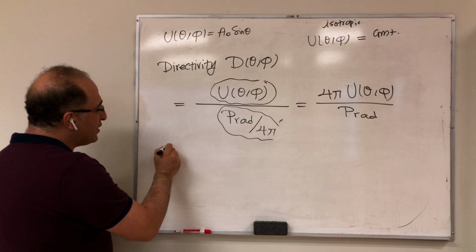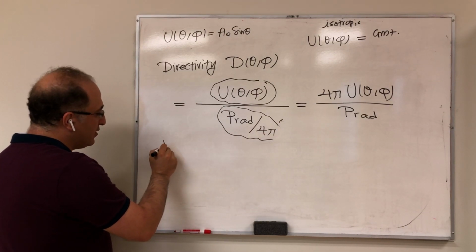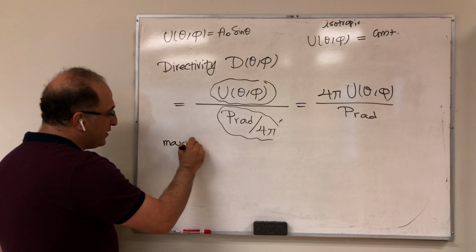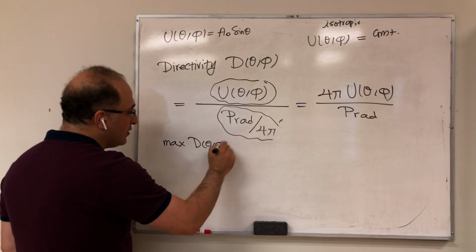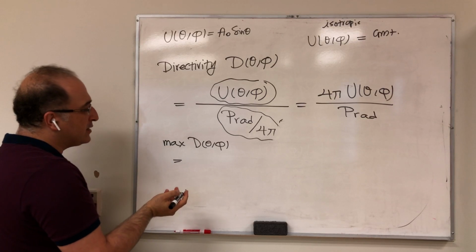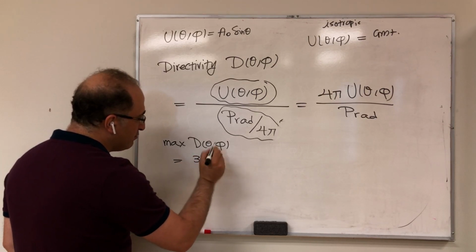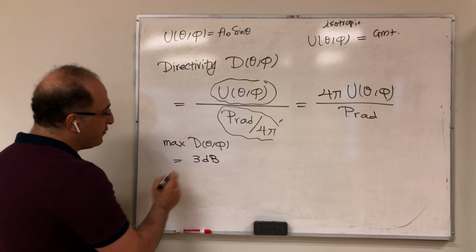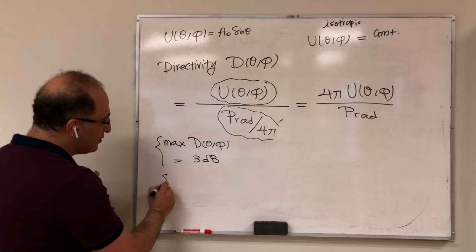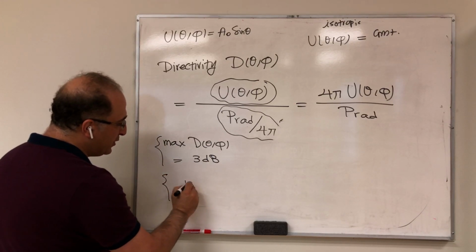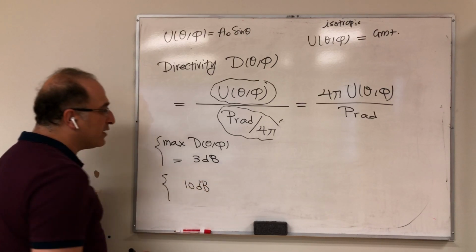If, for example, the maximum directivity for an antenna is, let's say, 3 dB, and then for a different antenna we have maybe 10 dB maximum directivity.